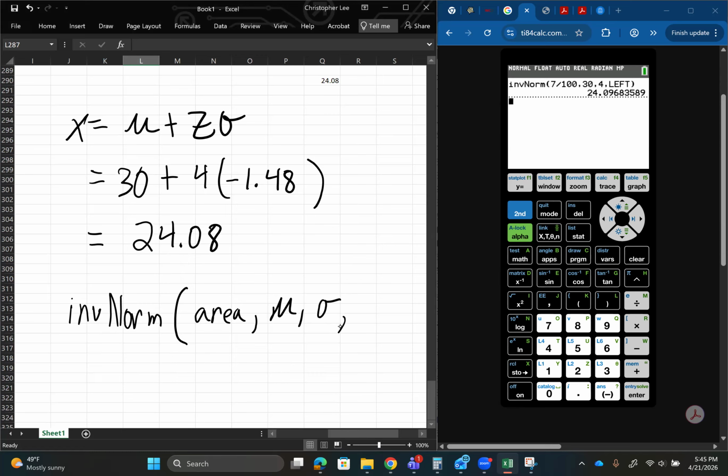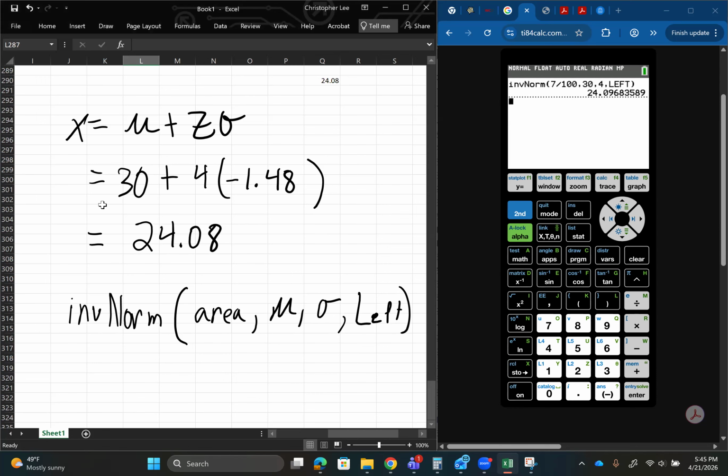And then after that, you want to say whether your area is to the left or to the right. Oh yeah, commas. That's important too. Remember your commas. 7 divided by 100, 7%.